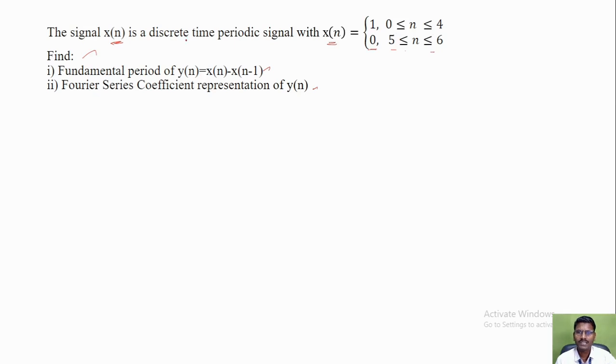So the given signal is a discrete time signal with periodic representation. That means the given signal has a repeated pattern of the same signal. So the given signal is a periodic signal.